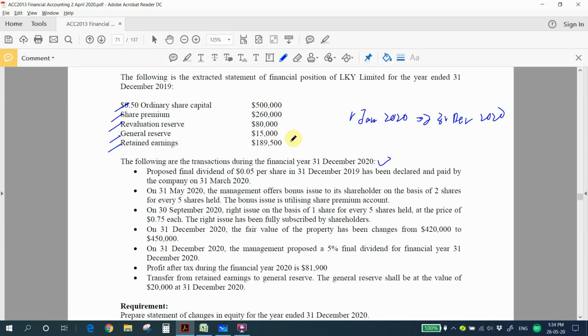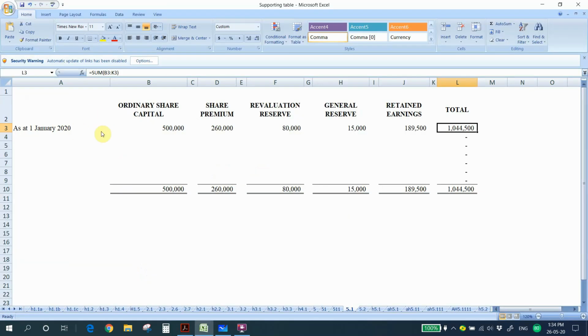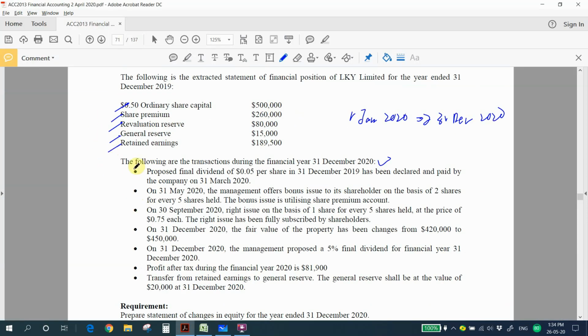Next, we look at the individual adjustments to see whether we have to include them in our statement of changes in equity or not. First one, we proposed a final dividend of 0.05 per share on 31st December 2019, and this amount has been declared and paid by the company on 31st March 2020. We have learned the concept of dividend in chapter 4, am I right?